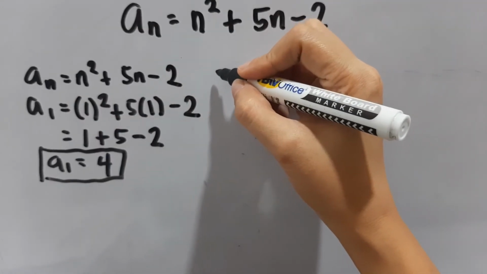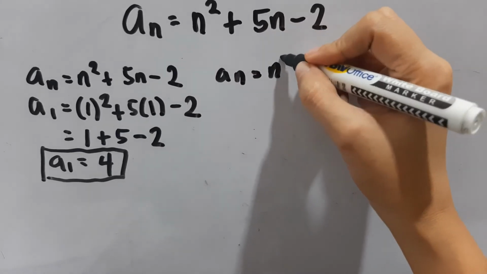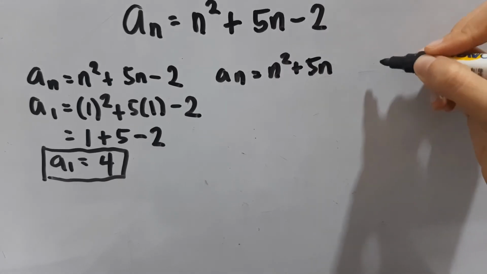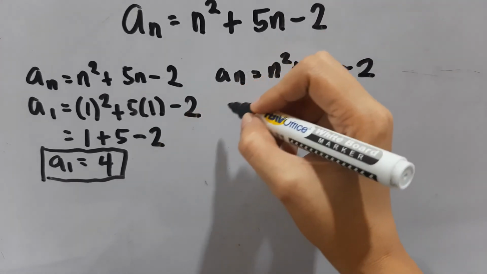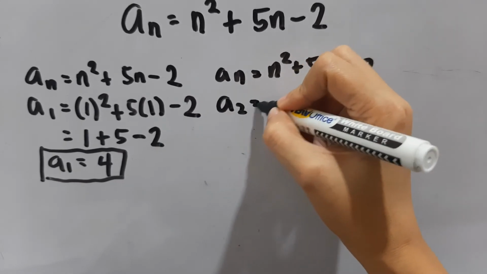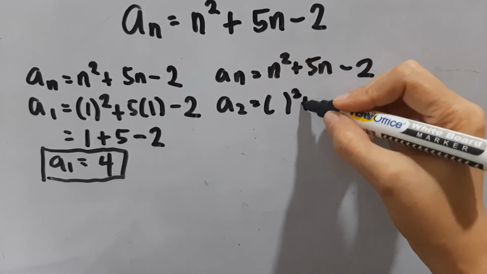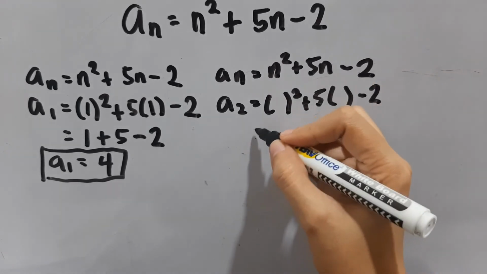Let's proceed to the second term. n squared plus 5n minus 2. So we have the second term. Parenthesis n squared plus 5 parenthesis n minus 2.